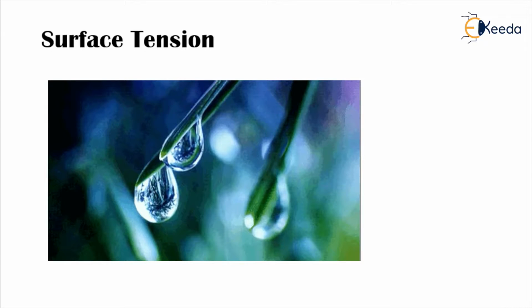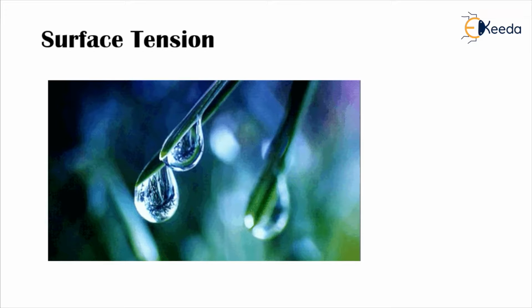Hello everyone. Today we are going to see a very interesting phenomenon that happens in nature, that is surface tension. Before going to that, I will ask you a few questions. All of you might have seen that in nature, droplets always get the shape of a sphere.